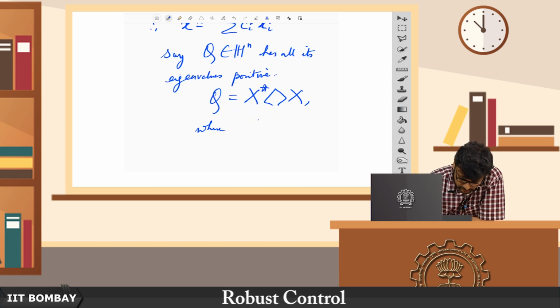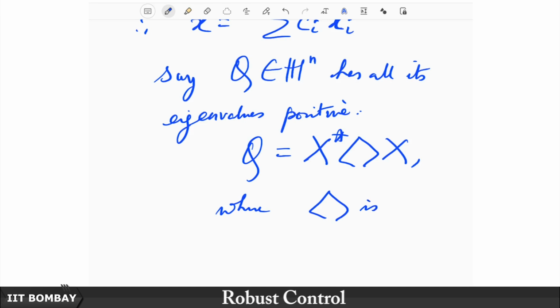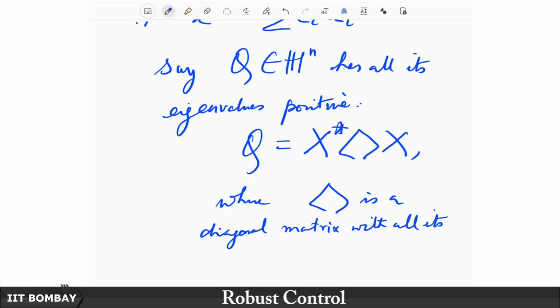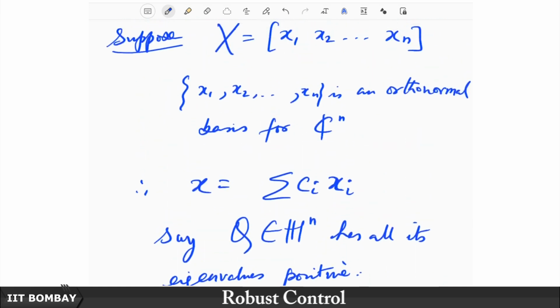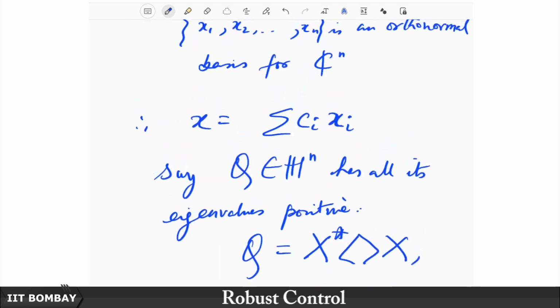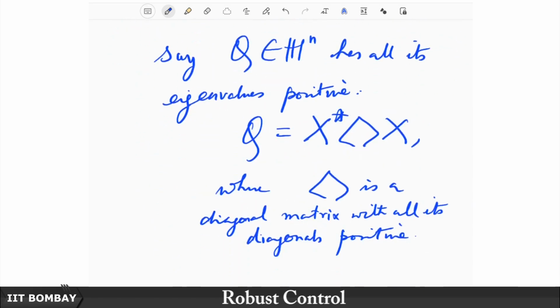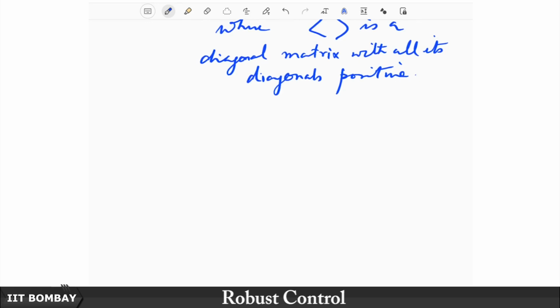where delta is a diagonal matrix with all its diagonals positive, right. Okay, excellent. But now, how can I write this x then?